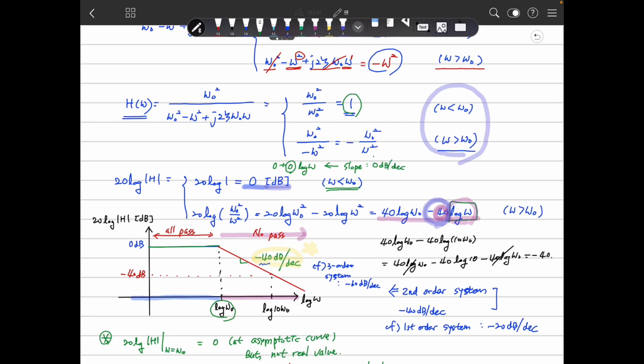But how about after omega zero? The slope is minus 40 dB per decade. What's the meaning of that? When the frequency meets the second order pole, then the slope changes by minus 40 dB. That's the rule.